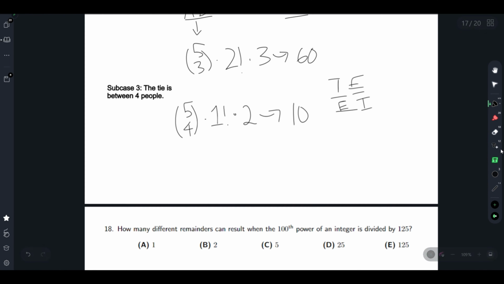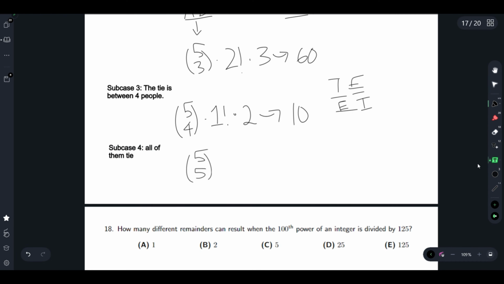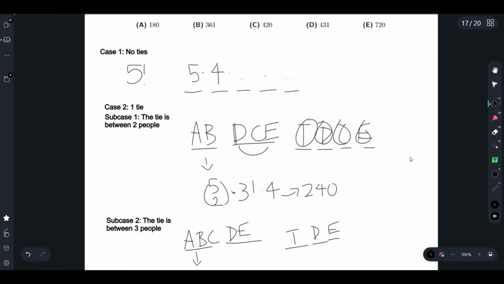And finally, subcase 4. All of them tie. If all of them tie, that's just 5 choose 5, which is 1. So case 1 gives us 120.